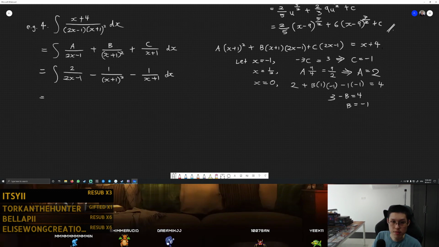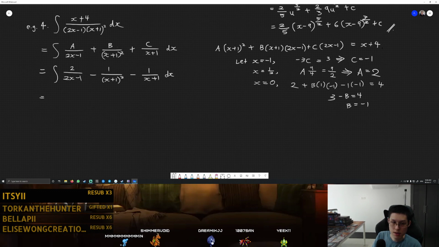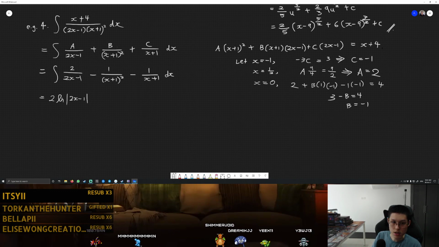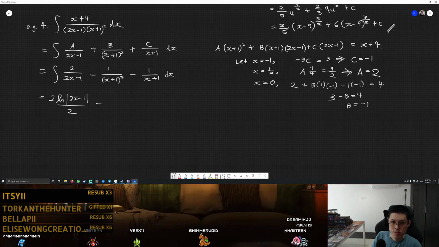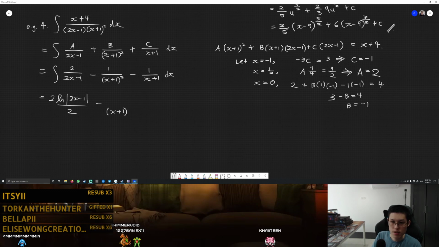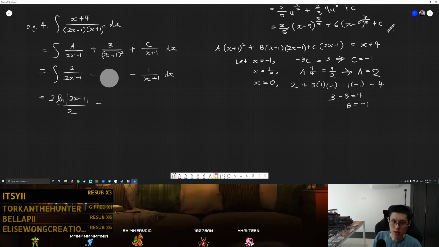Okie dokie. Now we can integrate them separately. So the first one is going to give me 2 ln modulus 2x minus 1, and then we divide by the derivative of 2x minus 1, which is 2. Let me write this second term as x plus 1 to the power of minus 2.